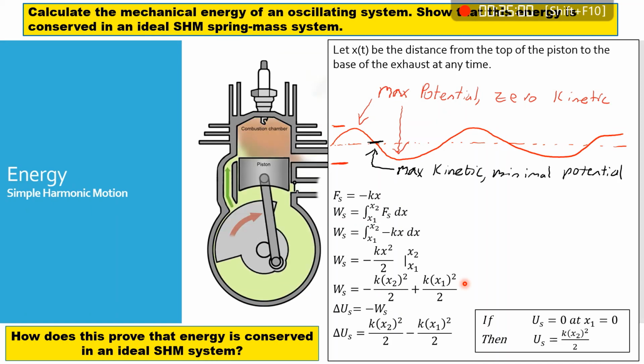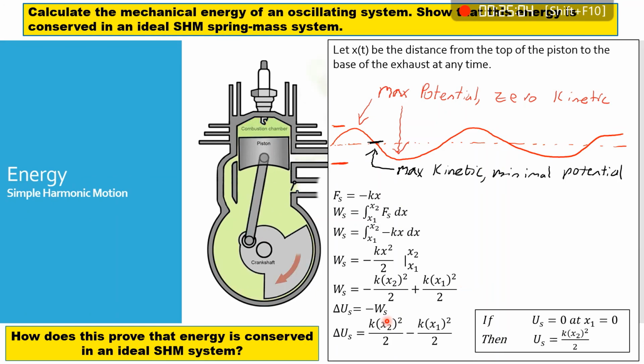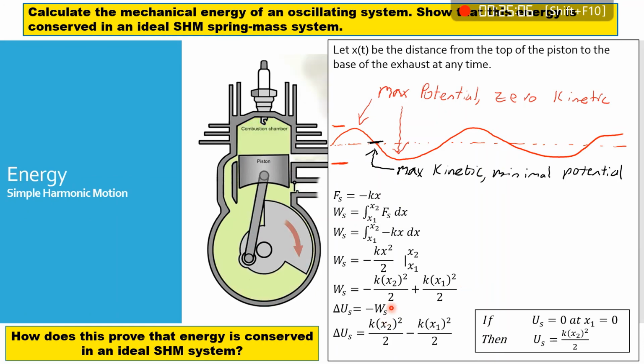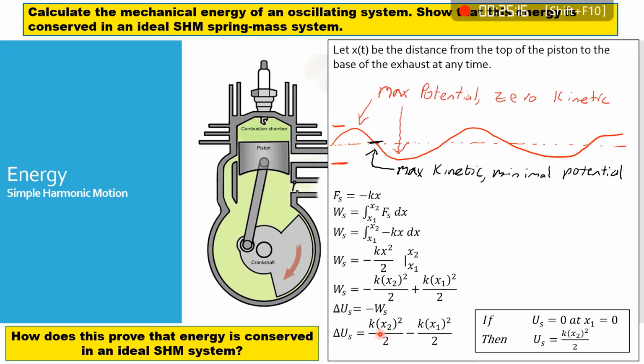And that energy would be how much potential energy you gain. So by definition, my potential energy is my loss of work of the spring. So therefore, I could just change the sign here to get positive kx2 squared over 2 minus kx1 squared over 2 would be my change in potential energy.